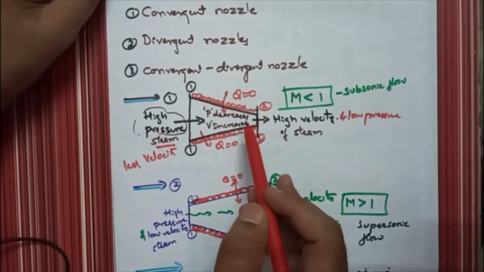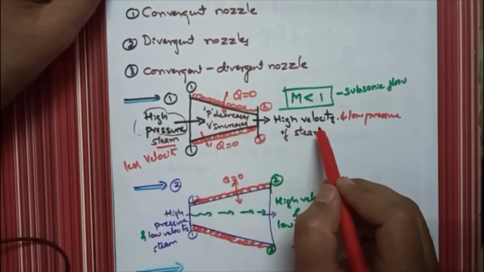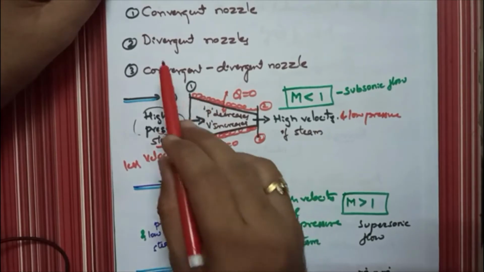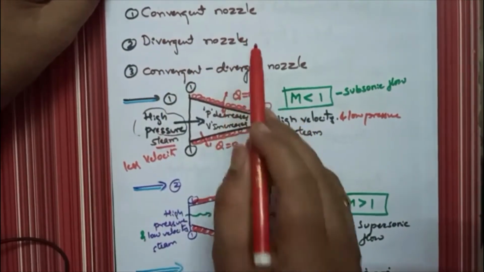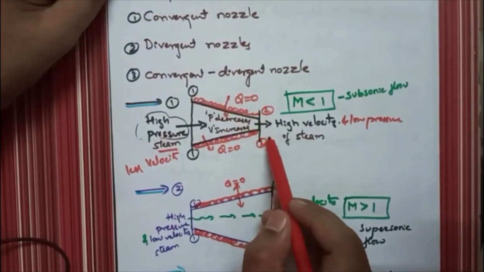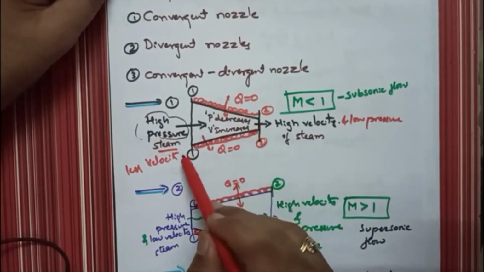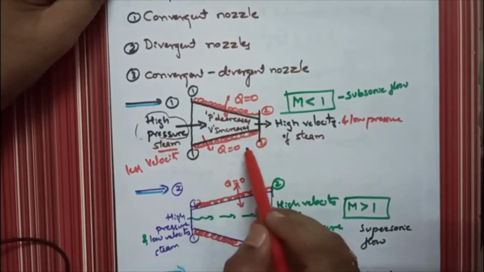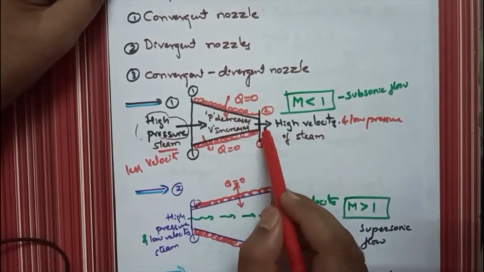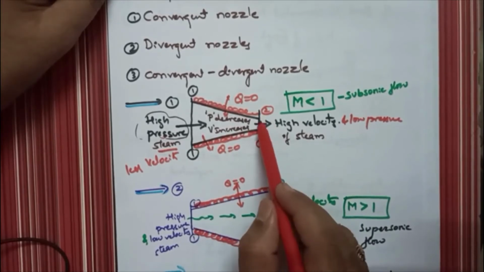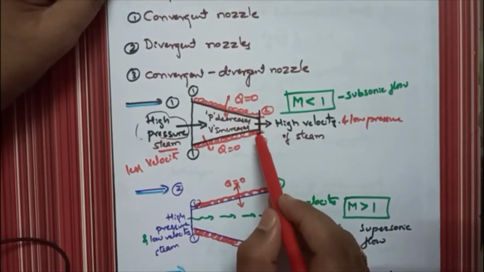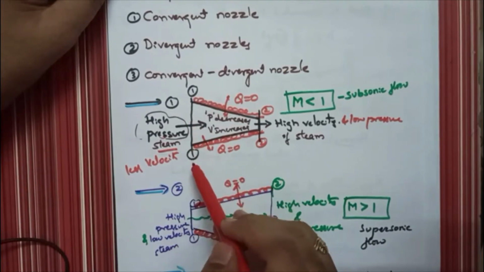One more point you write in the exam: in the convergent nozzle, if you compare sections 1 and 2, which one has the smaller area? Section 2 is the smaller area. Section 1 is the bigger area.